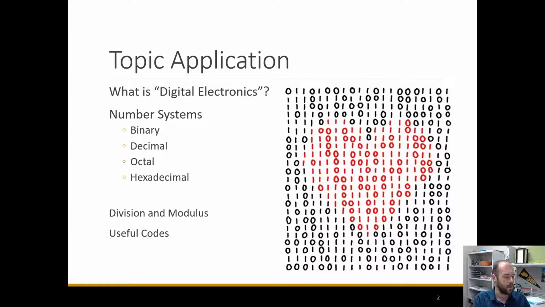Finally, we will end up highlighting some other useful number codes, such as how do we relate numbers to letters and characters that we like to use when we write words and text from the keyboard. So what is the standard for translation between keyboard letters, for example, and numerical codes in ones and zeros? We'll talk about what that is as well.